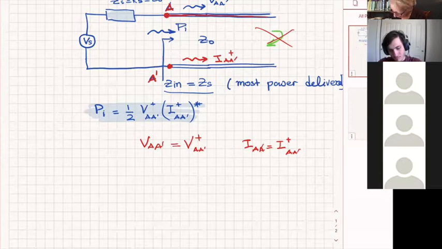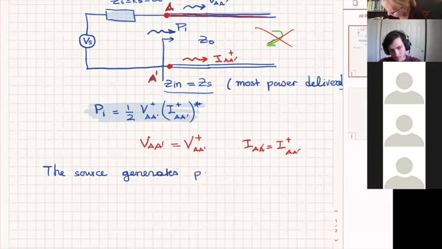So the source generates power, okay? Power. Where does this power go that is generated by the source? Where is it dissipated? Where does it go, in other words? Could you tell me?